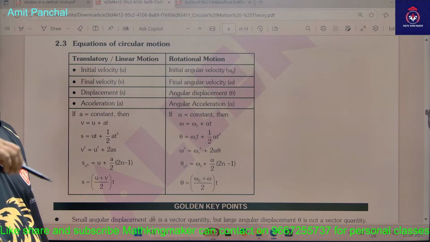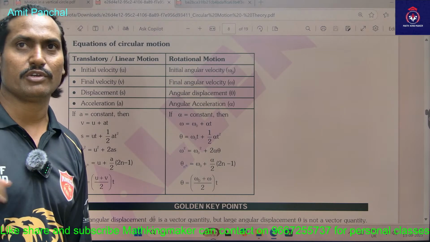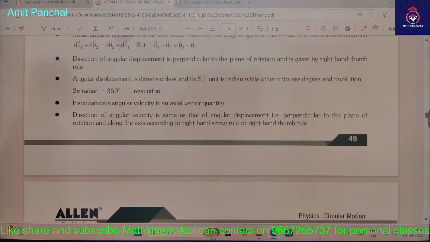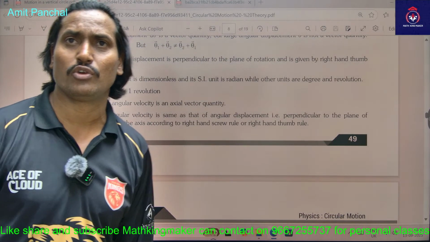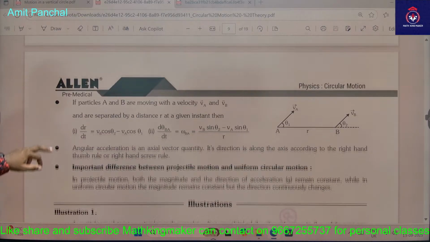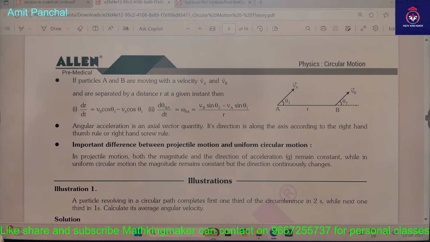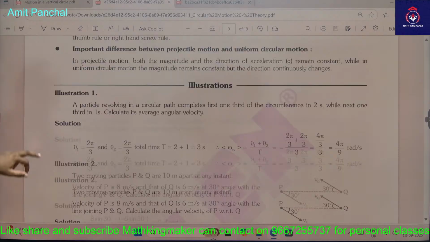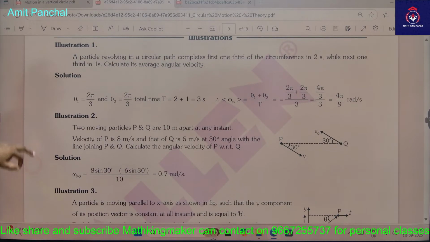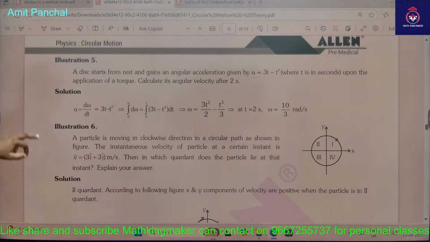In horizontal, the magnitude is not changing, but its direction is changing every time. In vertical, both are changing.